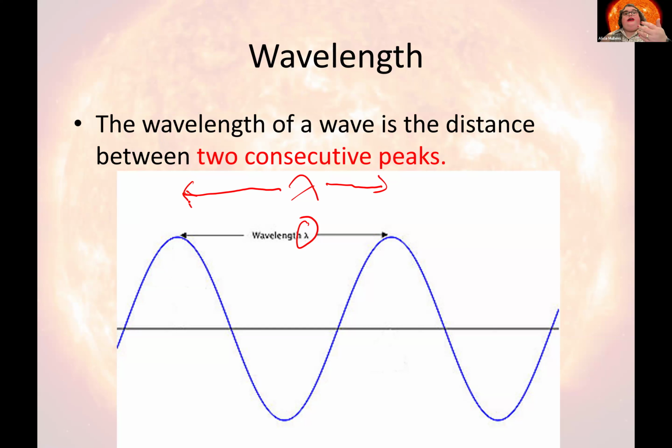We could use any arbitrary part of the wave, but the peaks are just the best place to do it. It's also worth mentioning that the peaks themselves can be high or low. That's what's called the amplitude. We're not going to discuss that right now.